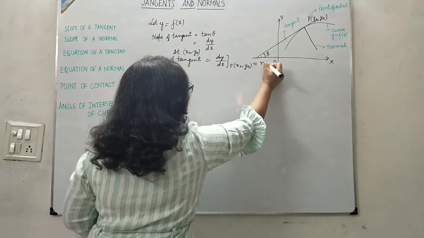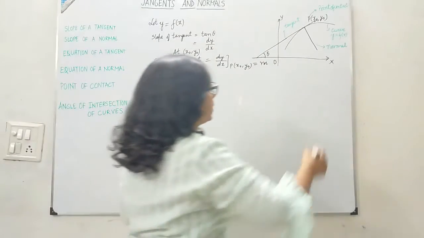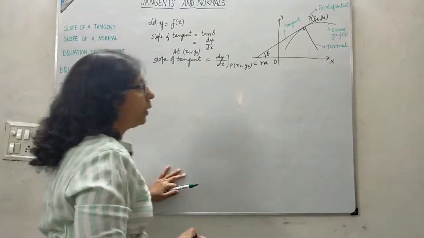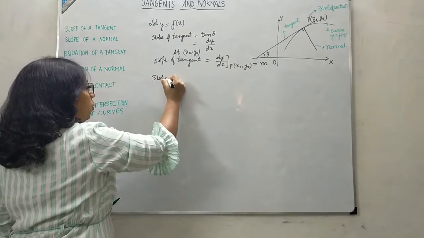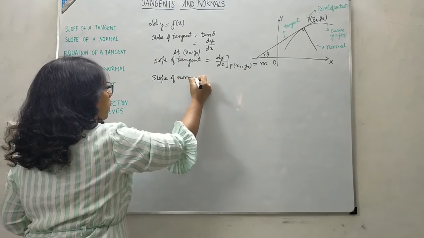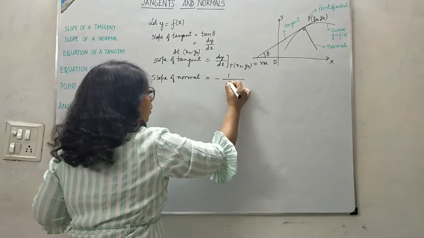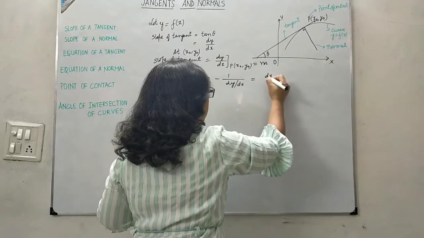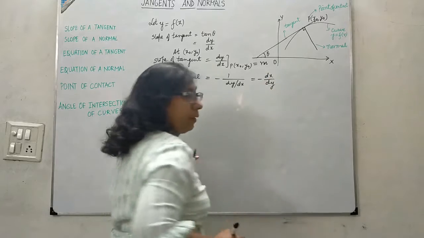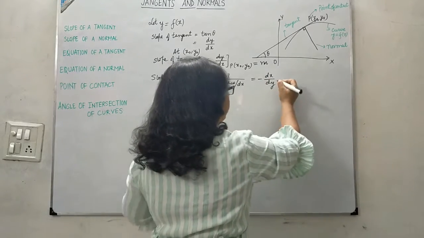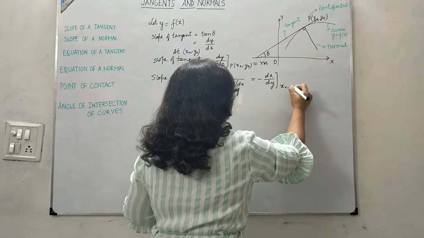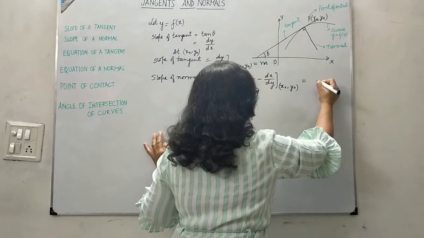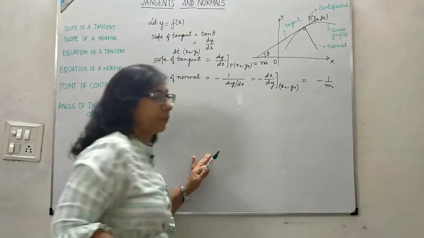And let me call this as n. Now, as the normal is perpendicular to the tangent, slope of normal will be negative 1 upon dy by dx. That means I can write it as negative dx by dy. And that is actually the negative reciprocal of this at the point (x0, y0). So slope of normal will become minus 1 by n.